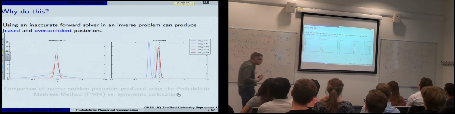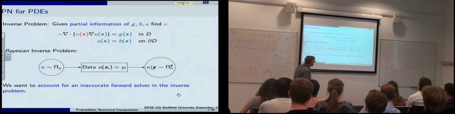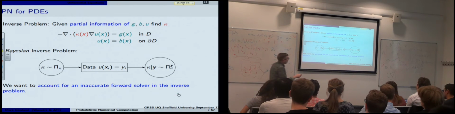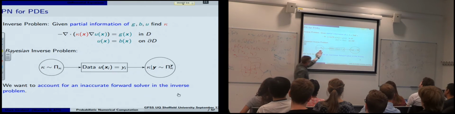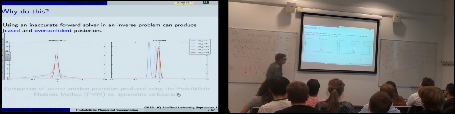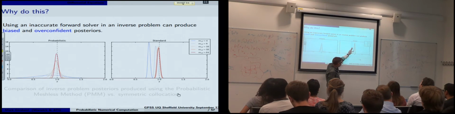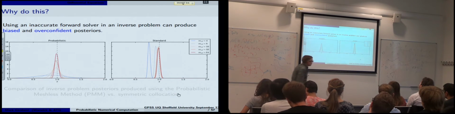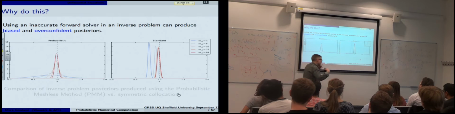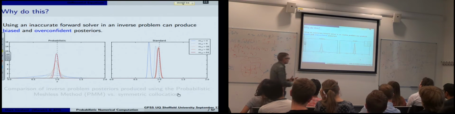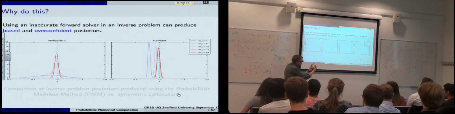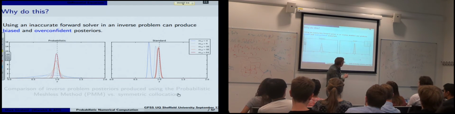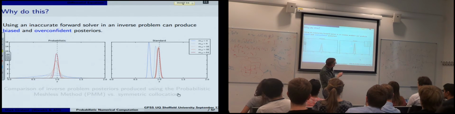And just to show you that it is important, if we completely ignore the fact that we are using an approximation for the function u, and we run our standard Bayesian inference over kappa, then for a very simple example where the true, data generating value of kappa was 1, as the approximation gets more accurate, so as the number of elements in space becomes greater and the discretization level becomes finer, the posterior moves from some biased representation and starts to concentrate on the true value.